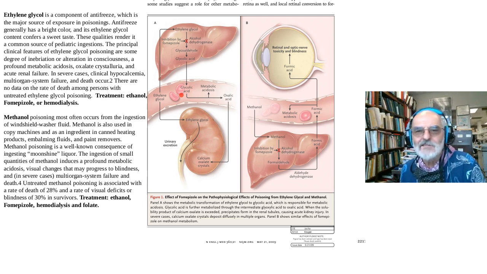And that's basically it. Now, the ethanol here is interesting because you notice it's in both places. You can give an IV that contains ethanol to somebody who has ingested ethylene glycol and methanol. What you're basically doing is competitive inhibition. You're drinking alcohol to compete with the alcohol dehydrogenase so that the ethylene glycol or the methanol isn't degraded and made into a toxic substance.